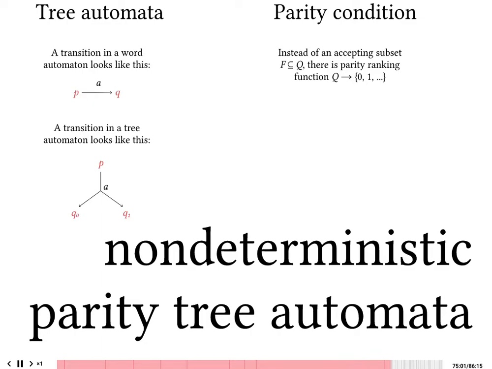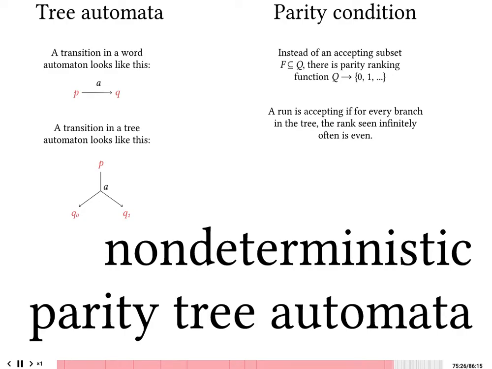The parity condition is given by a parity ranking function, which assigns to each state a number. And then a run is considered accepting if for every branch of the tree, that is, every sequence of nodes obtained by starting in the root and taking a child, that's a branch.